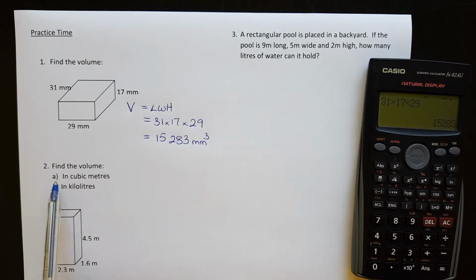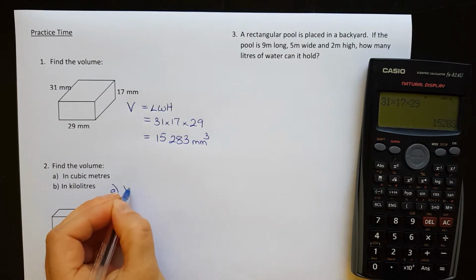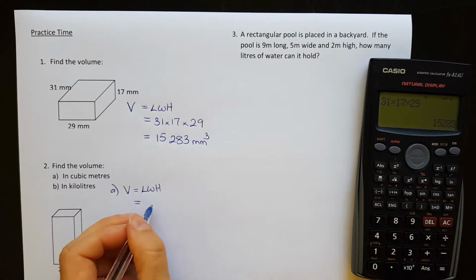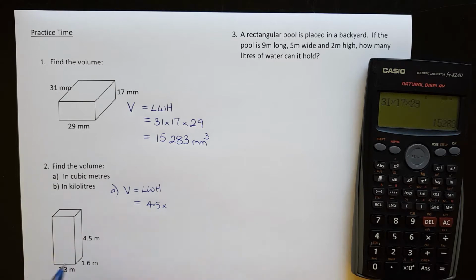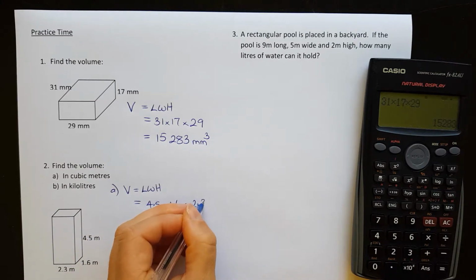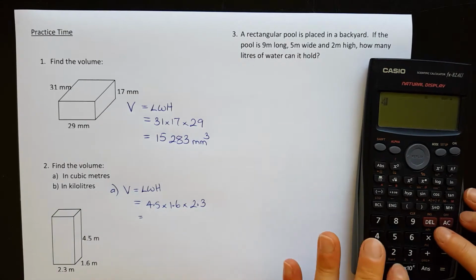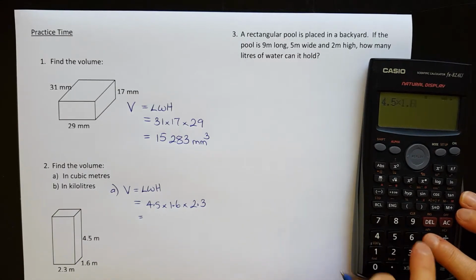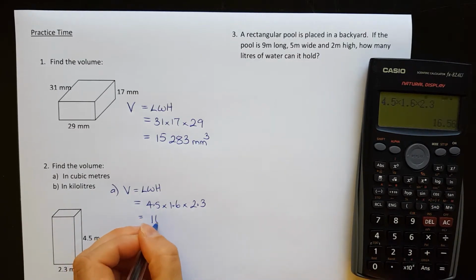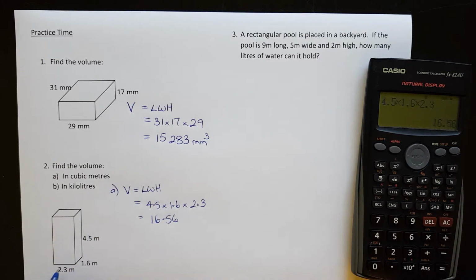Question 2, find the volume of this prism in cubic meters. Okay, they're all in meters, so we can use our formula. Timesing each of those numbers together, 4.5 times 1.6 times 2.3 in the calculator. 16.56 meters cubed.